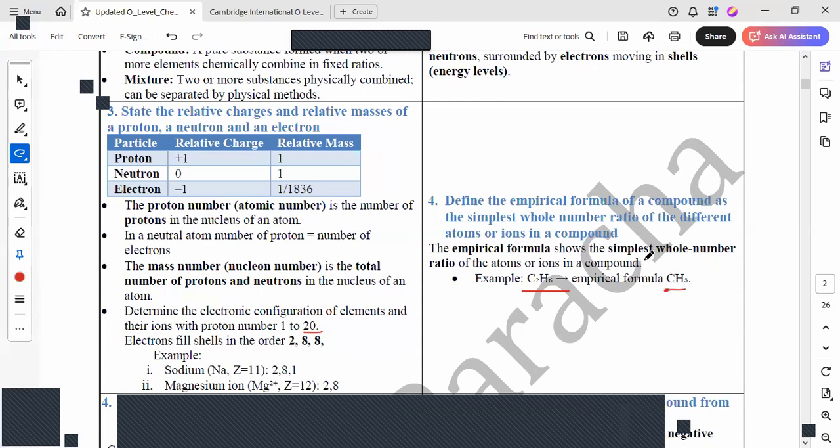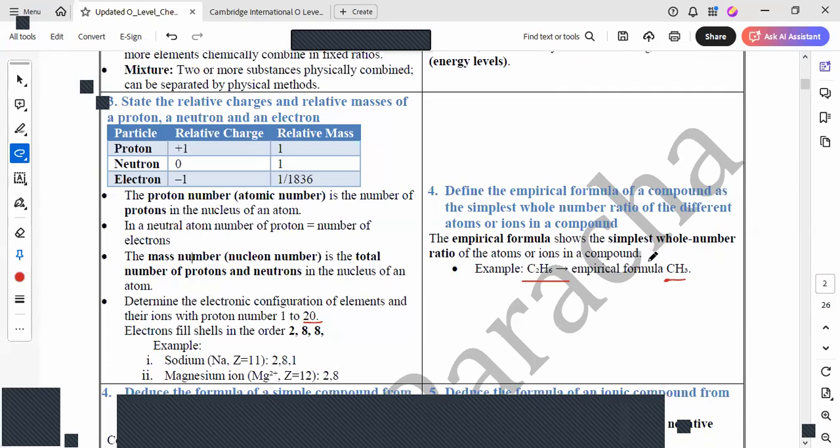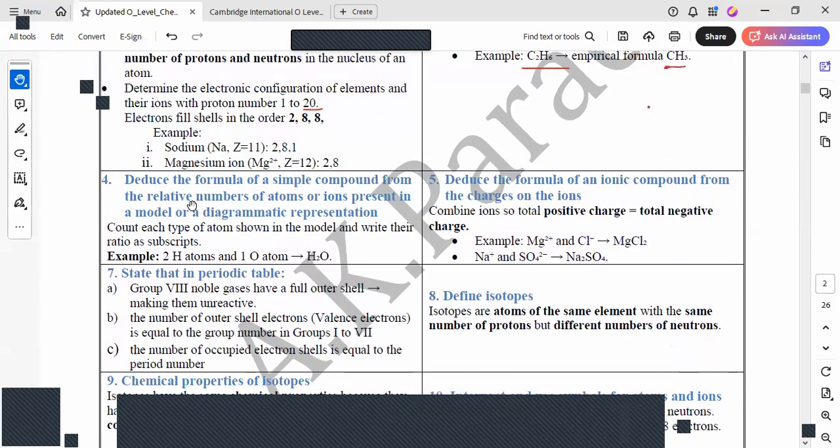In the case of covalent molecules, you need to deduce the formula of a simple compound from the relative number of atoms or ions present in a model or a diagrammatic representation. So you have to count each type of atom.